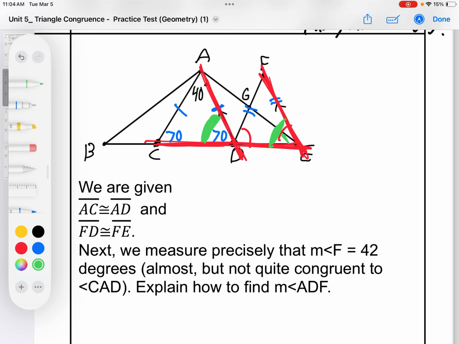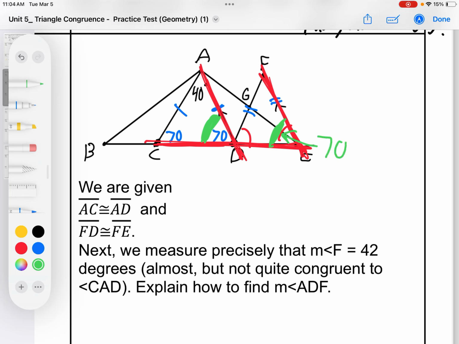So that means that green angle's got to be 70. But at the same time, it can't be 70 because if this is going to be 70 and this is going to be 70, then that would make this have to be 40. But they say right here that it's 42 degrees. So unfortunately, it doesn't work there.